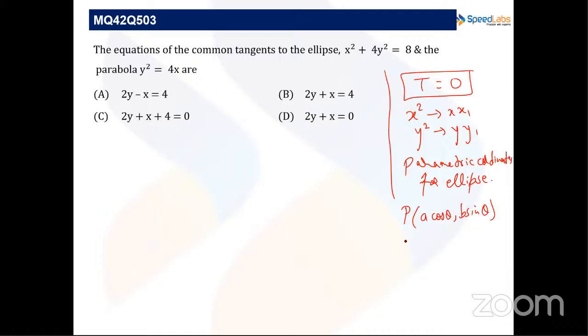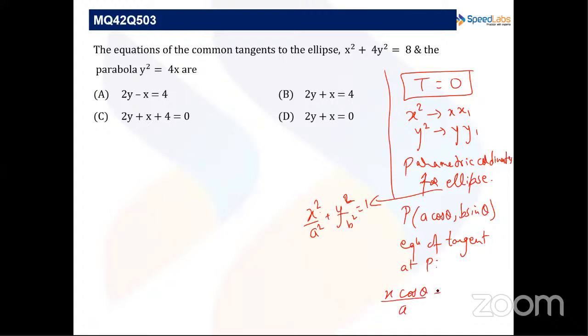So the equation of tangent at P, for the ellipse x square upon a square plus y square upon b square equals 1, will be x into a cos theta upon a square, that is x cos theta by a plus y sin theta by b equals 1. So this is the equation of the tangent at any point P in parametric form.